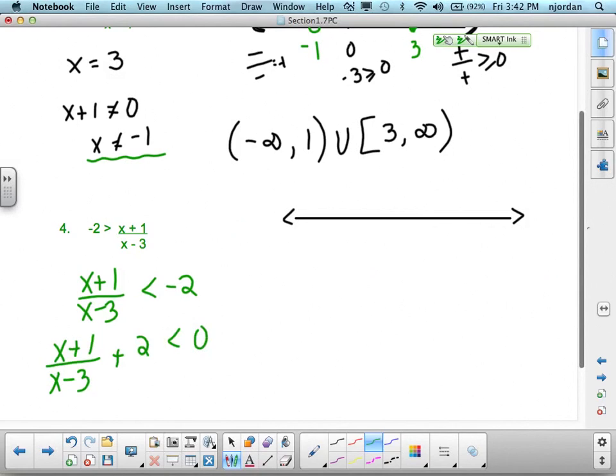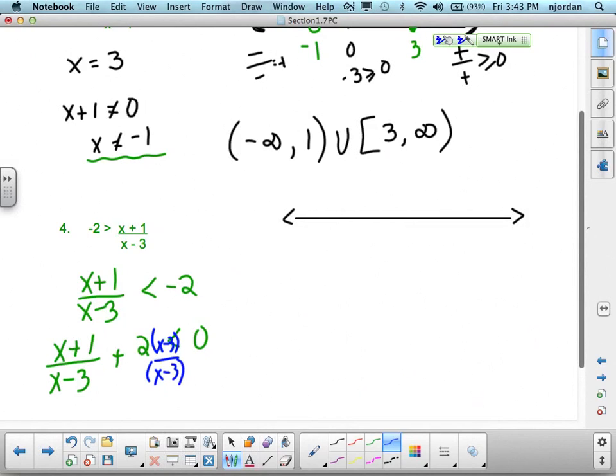What we can't do really is multiply both sides by x minus 3 right away because we don't know whether that value is positive or negative. So this is the better thing to do, and that's to move the 2 over and then get a common denominator and simplify it. Okay? So just multiply the 2 by x minus 3. Let's practice some of our rational simplification.